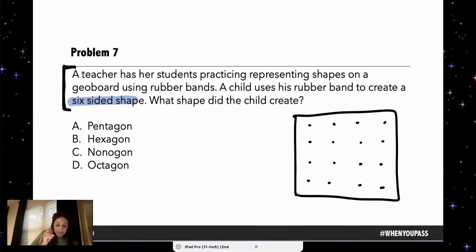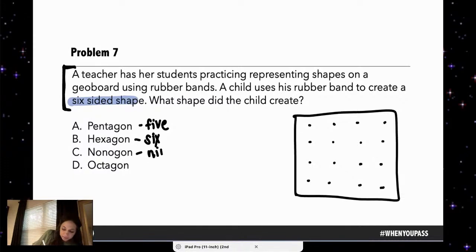So 6-sided is hexagon because they both have that x sound. Pentagon is 5, hexagon is 6, and those are the most common ones people mistake. People often flip pentagon and hexagon, but if you can remember hex, 6, you will be golden.